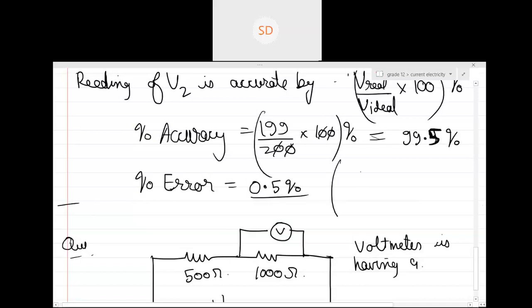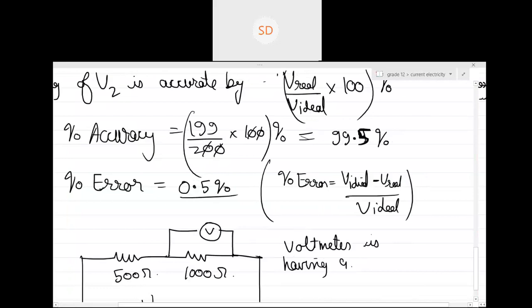And remember, percentage error is basically V ideal minus V real upon V ideal into 100%. So this is also one of the things.